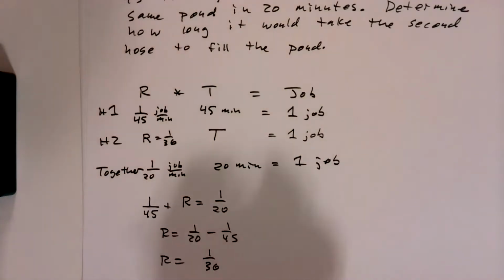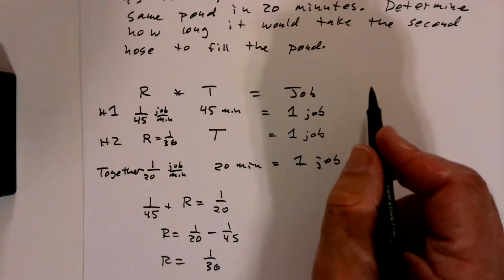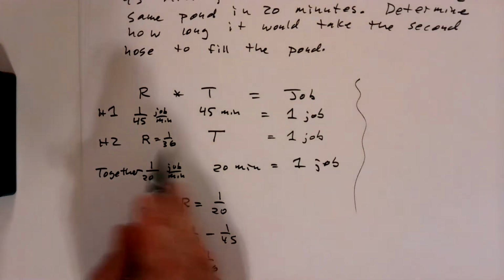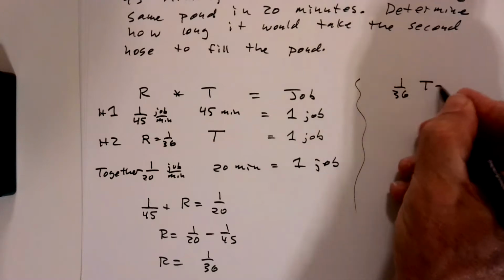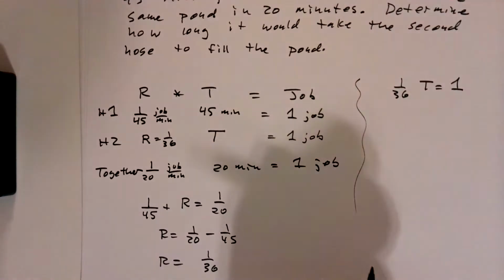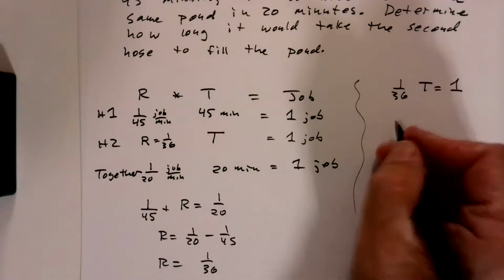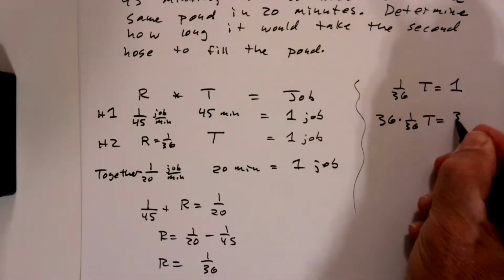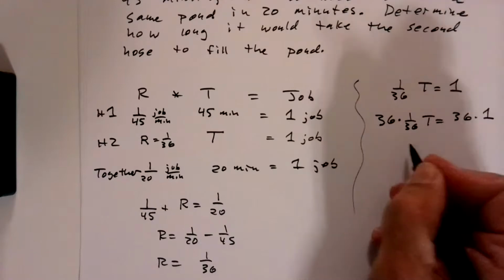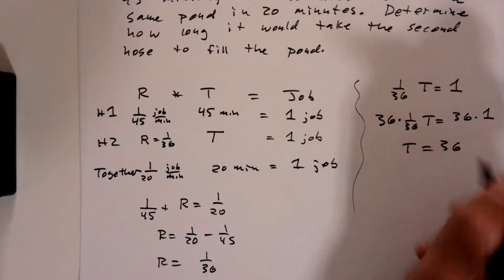And now to find that T, you can see how that's going to work for us, right? So rate times time equals job. So 1/36 times T equals 1. Multiply both sides by 36. 36 times 1/36T equals 36 times 1, so T equals 36.